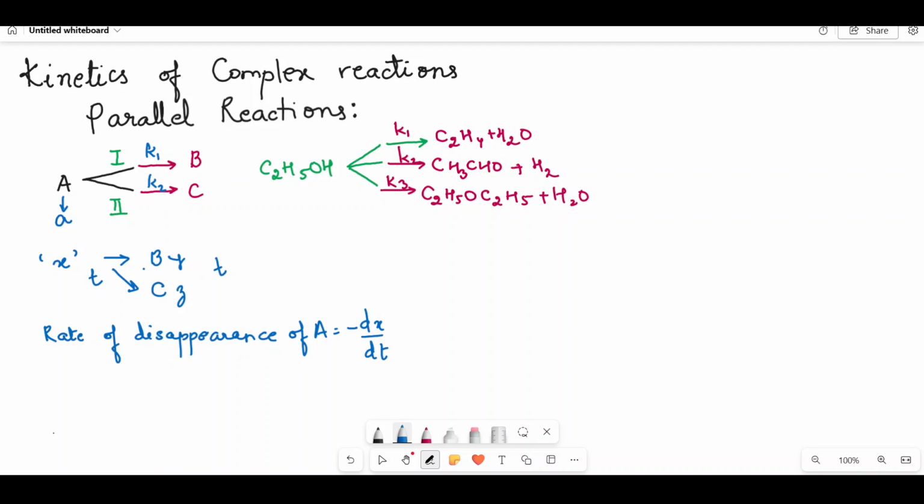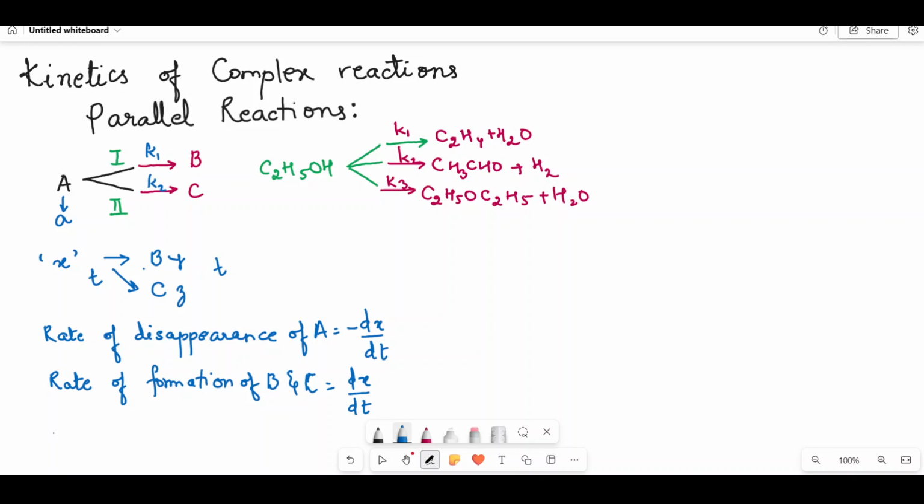Therefore, rate of formation of B and C together will be dx by dt.